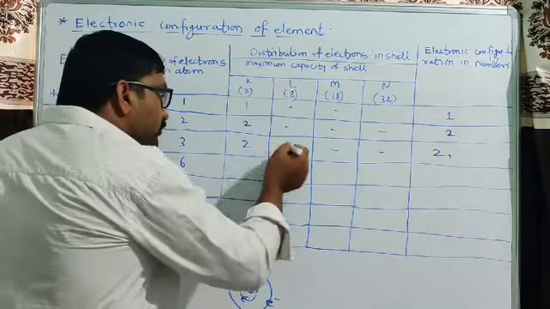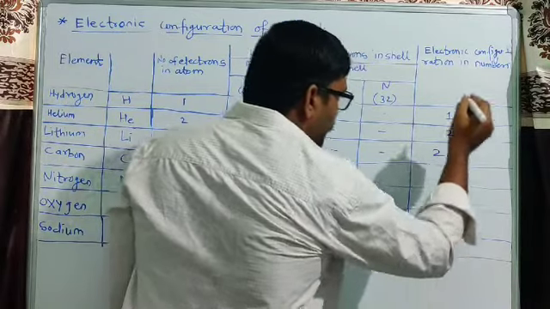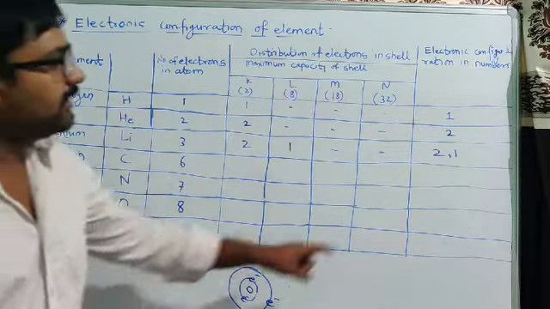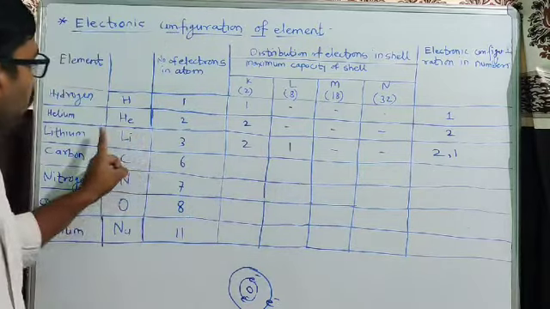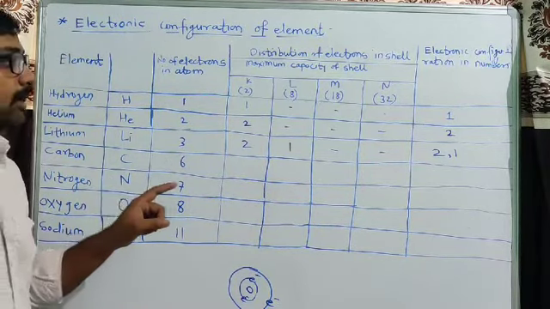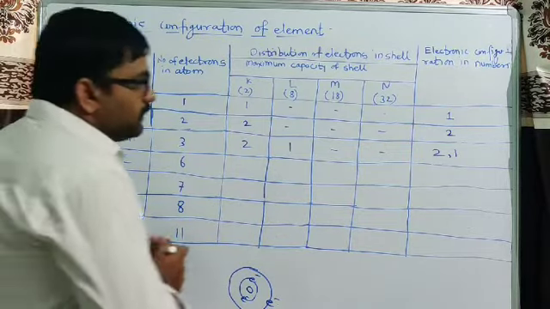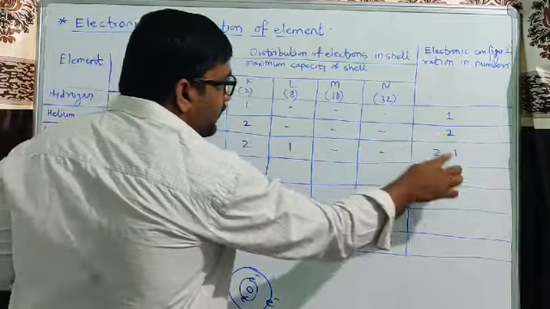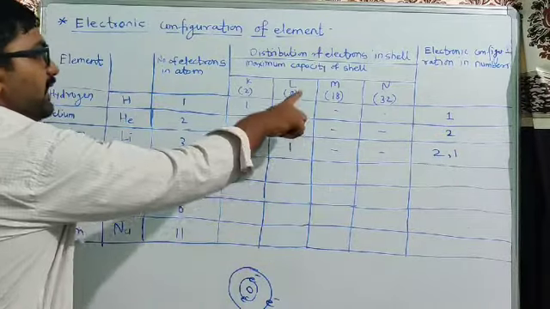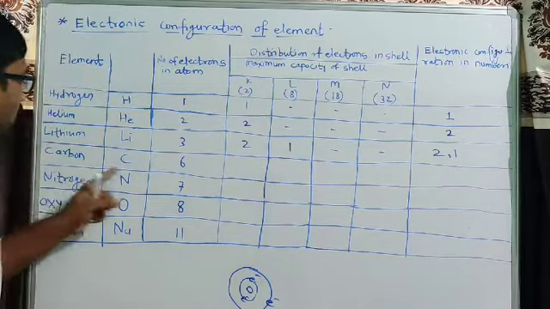Then we write the number of electrons in the L shell: 2, 1. So this is the electronic configuration of the lithium atom. 2, 1 means that the first two electrons are added in the K shell, then the remaining one electron is added in the L shell.